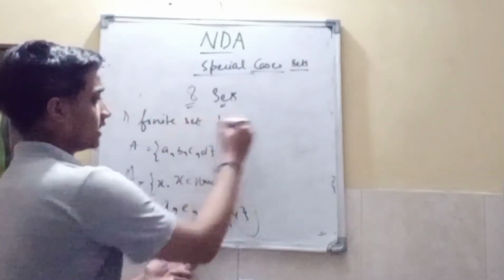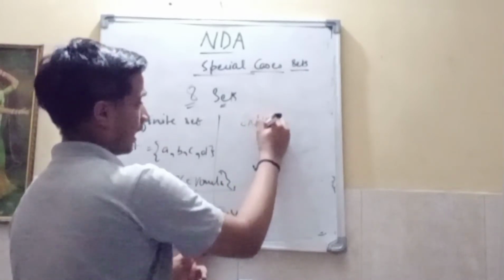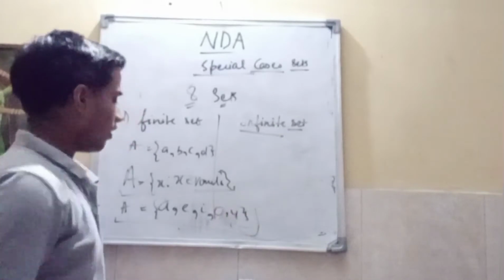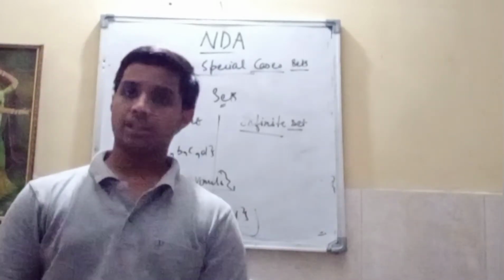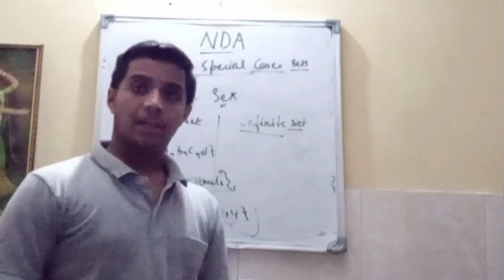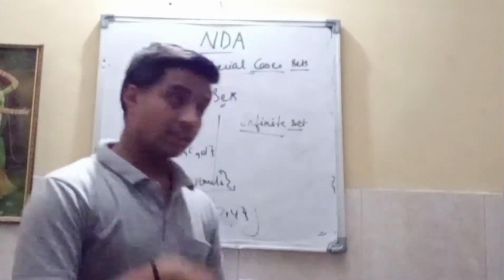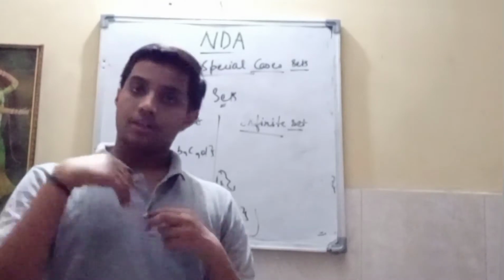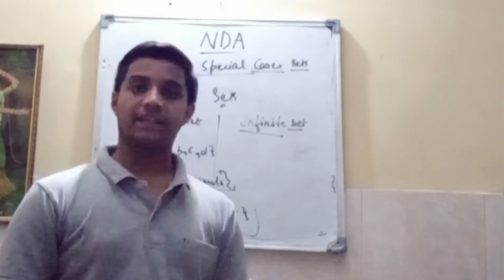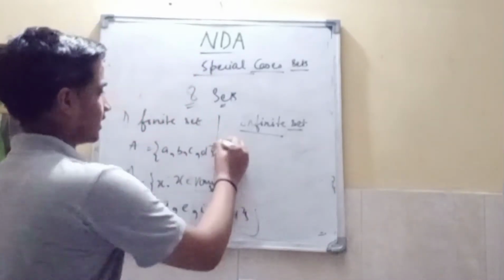So the next is infinite set. As the name suggests, it is a set in which there are infinite numbers, or we can also say all the sets excluding the finite sets are known as infinite sets. So let's take some examples.